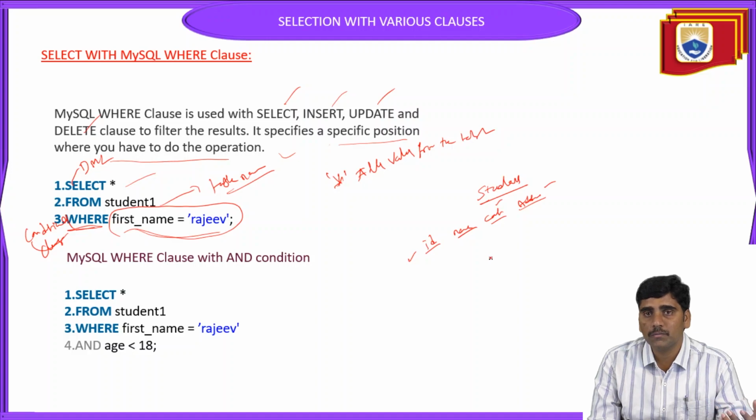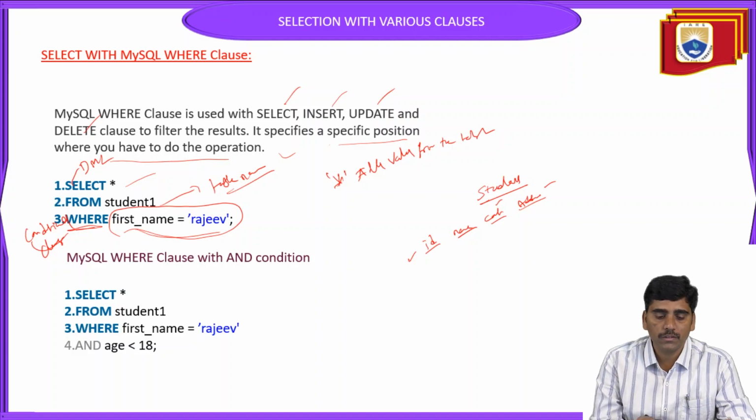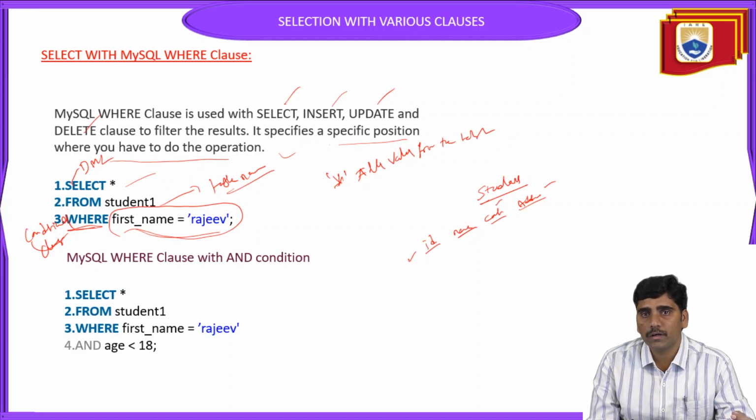Those filter the table data and display the result. For those having the first name equal to Rajiv, all the details will be displayed. So that is the basic importance or use of the where clause: to specify the condition, filter the result and display the result.